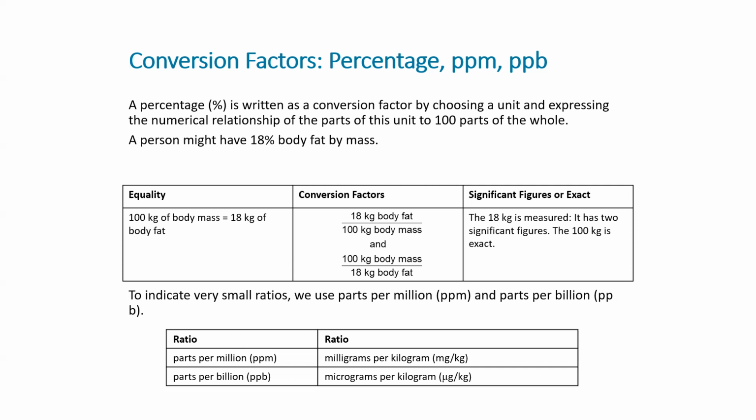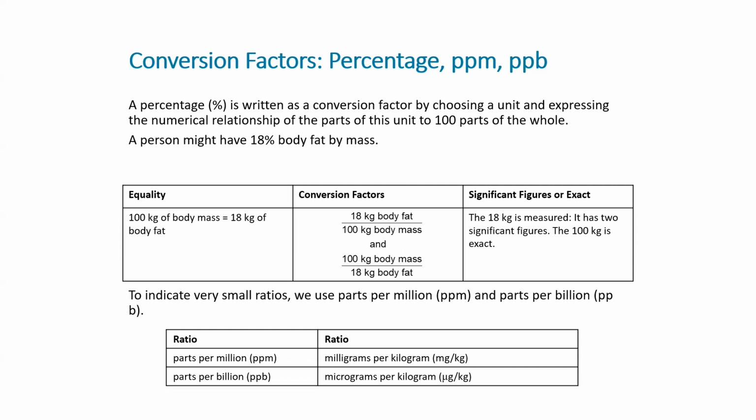For parts per million, we want the numerator to be in milligrams and the denominator to be in kilograms. This is just a convenient set of units that would give us parts per million, and we can use ppm as the unit.